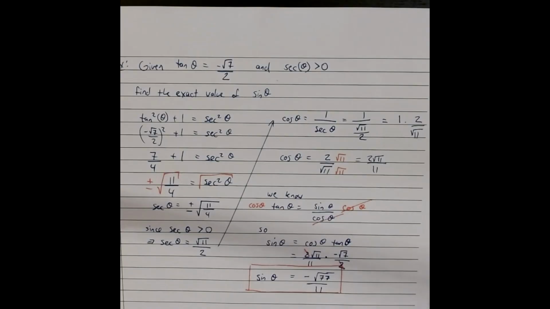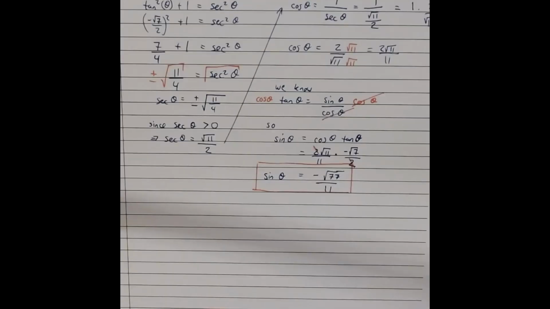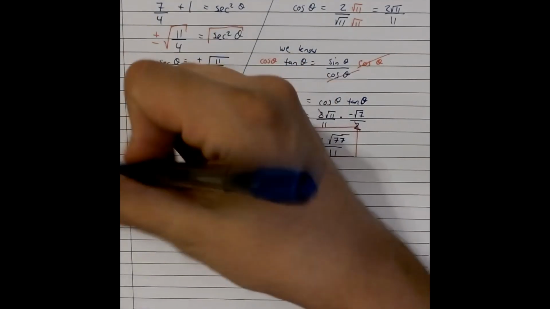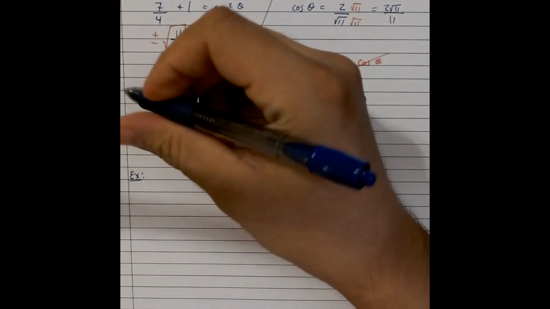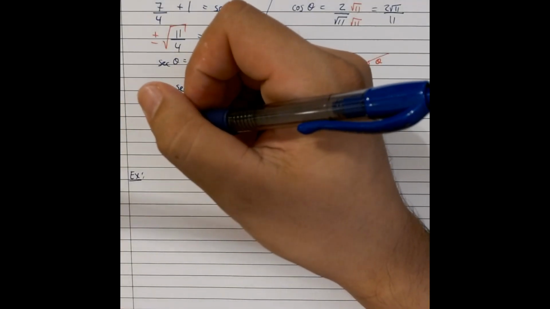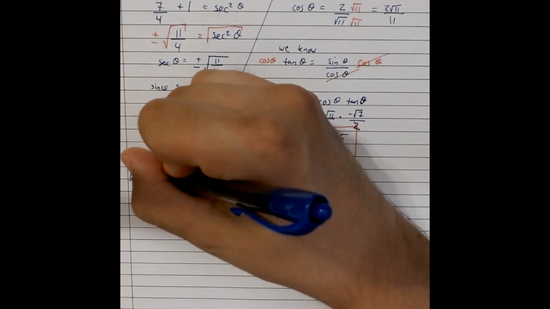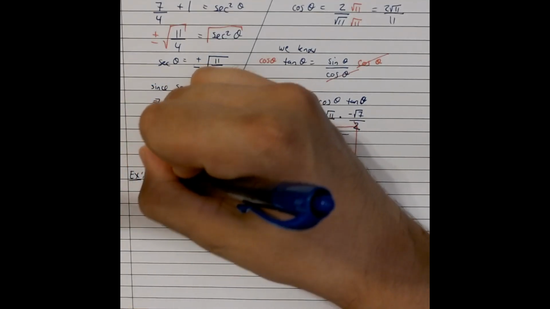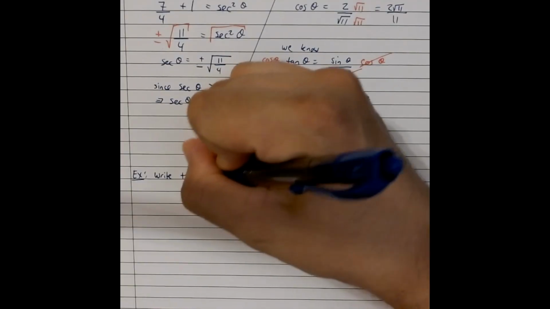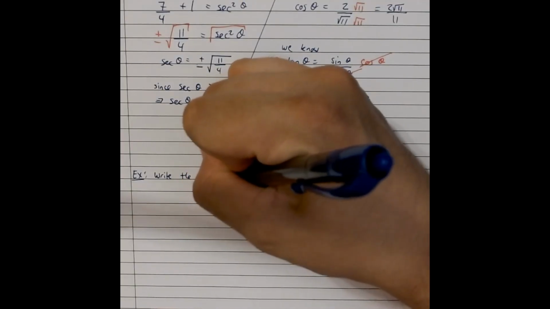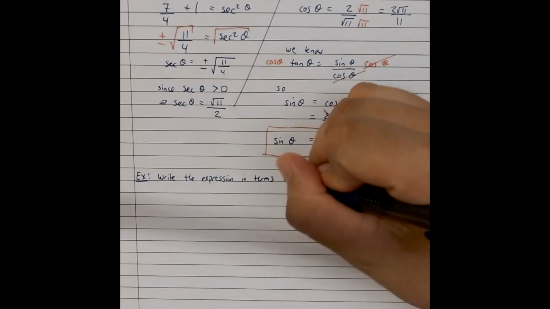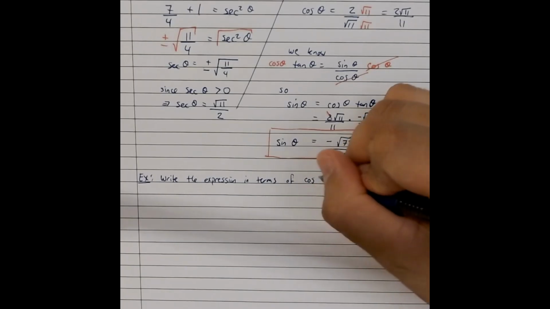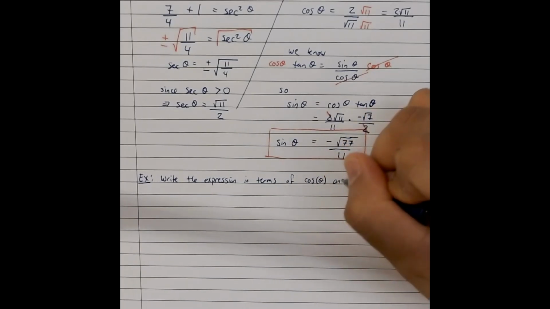Okay, for our next example, let's consider something a little bit different, something that we haven't exactly seen in a previous section. All right, so here we're going to be given an expression, and the directions read, we want to write the expression in terms of cosine of theta and sine of theta.